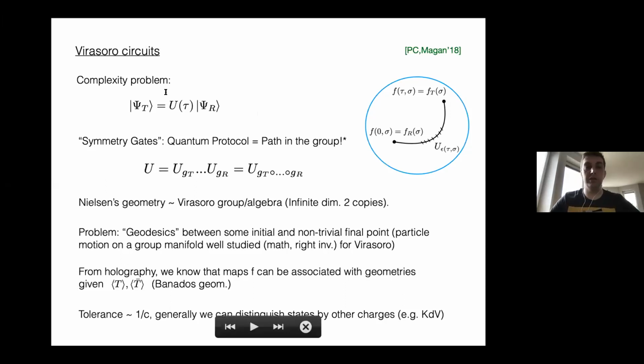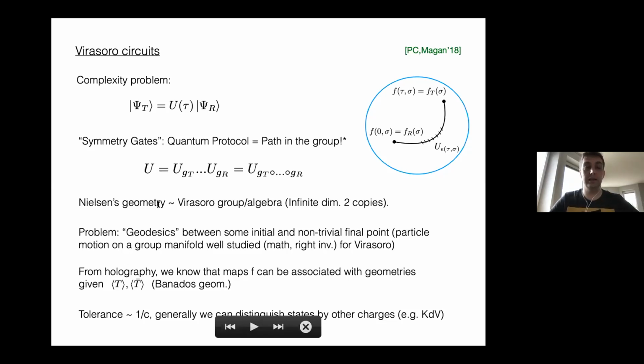And then the question of the Virasoro circuit would be: take some reference state, apply some unitary to get you to the target state, but only using these symmetry gates. And because you're using the symmetry gates, these unitaries are basically a path in the group. So this is just the standard definition of the representation.